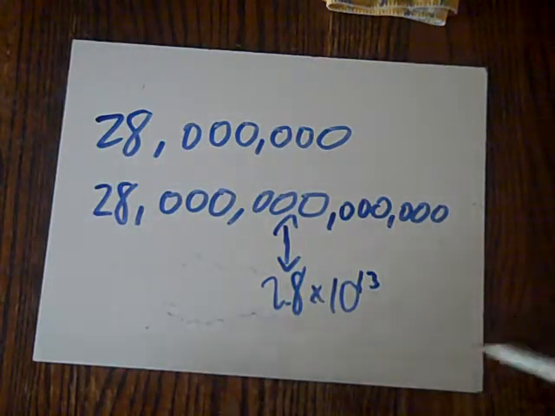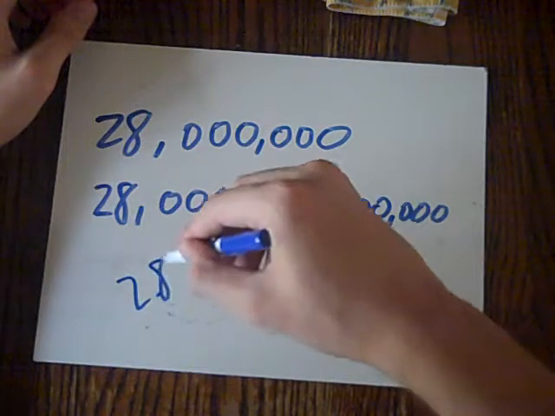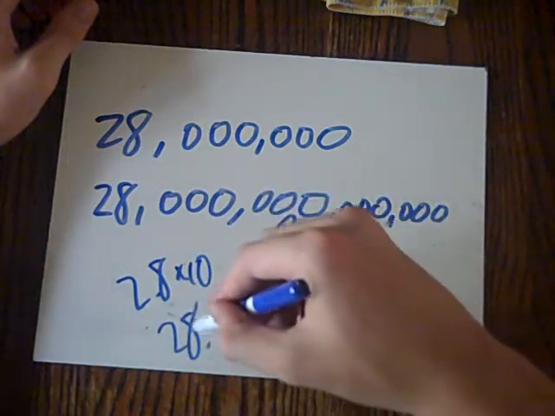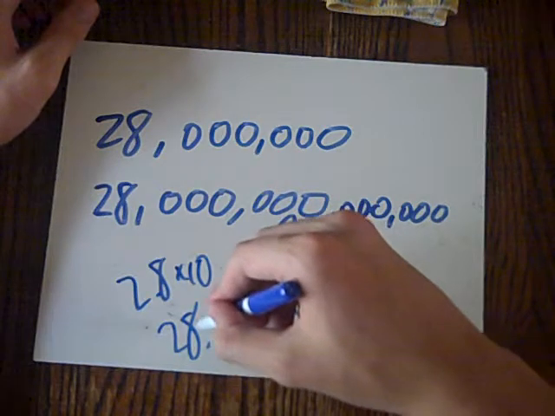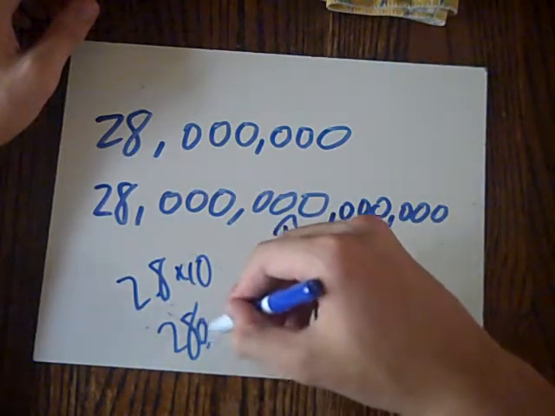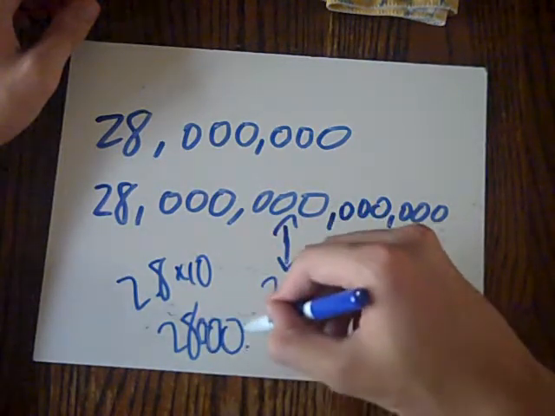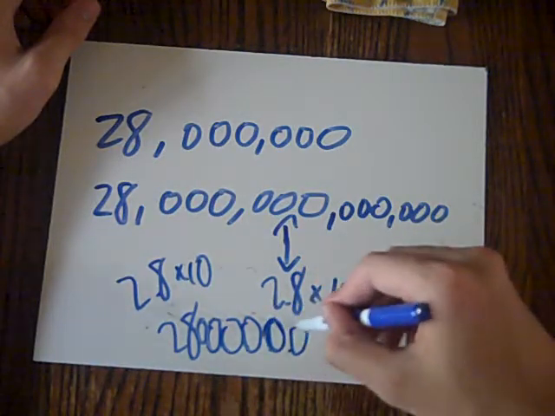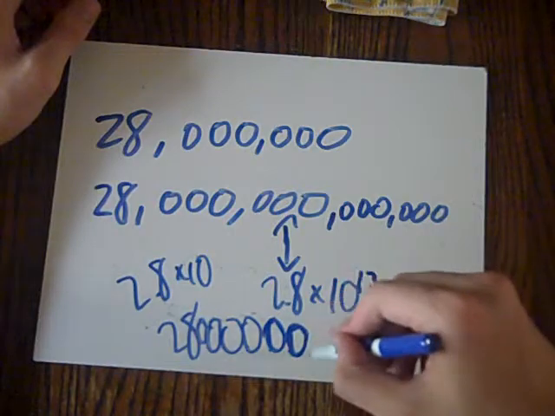Because you know how 2.8 times 10 is 28. It just moves the decimal point 1 over. Every time you multiply by 10, it moves it over 1 more. And then 1 more. And then 1 more. It goes on and on. And so every time you multiply by 10, you move 1 over.